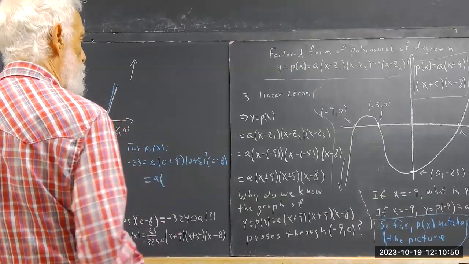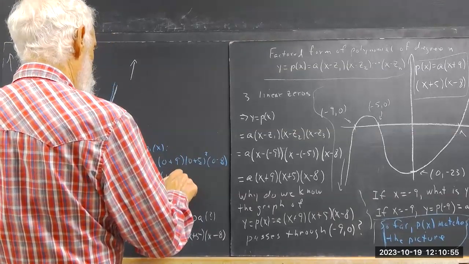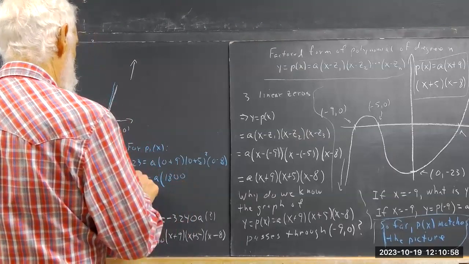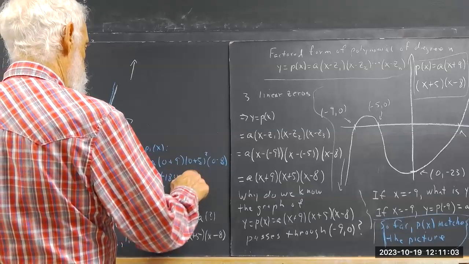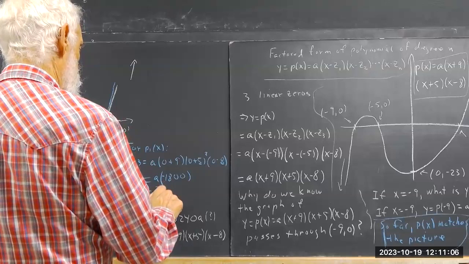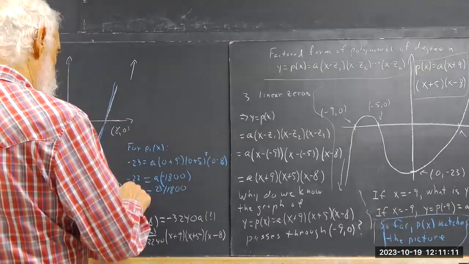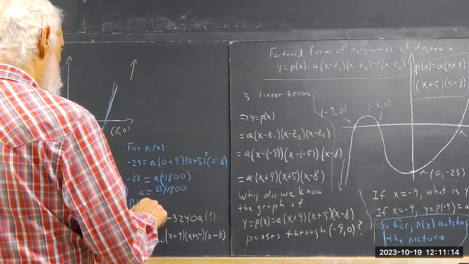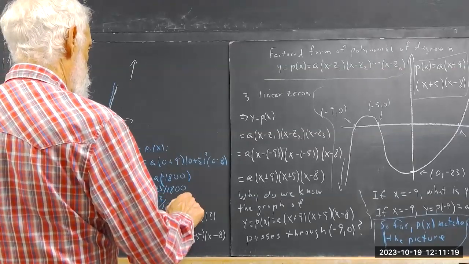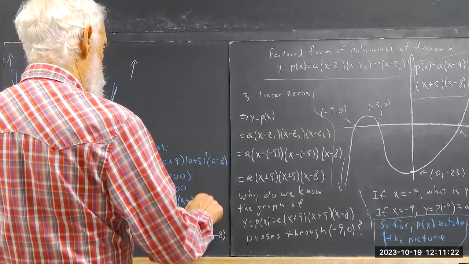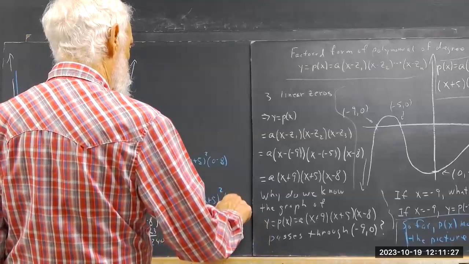That's going to be a times 25 times 8 is 200, so that's 1800. And we get a equals 23 over 1800. So P2 of x equals 23 over 1800 times (x plus 9) times (x plus 5) squared times (x minus 8).